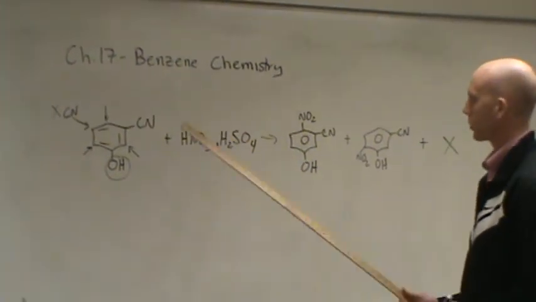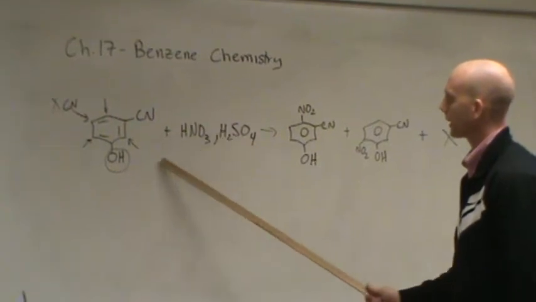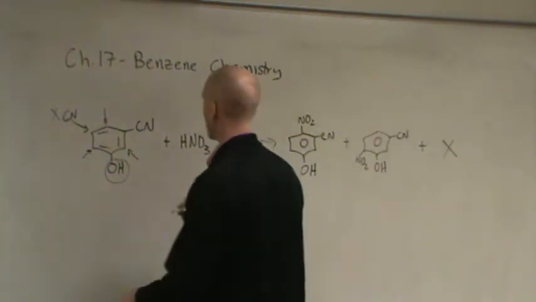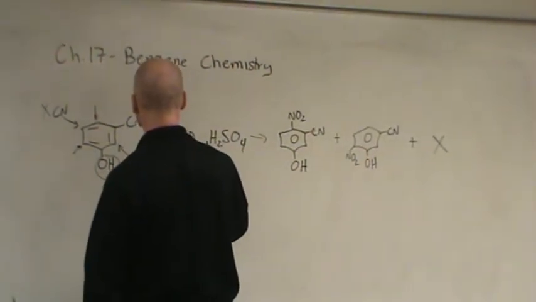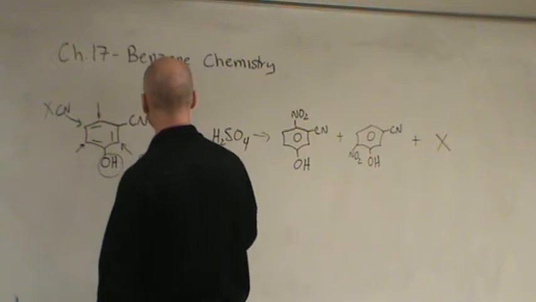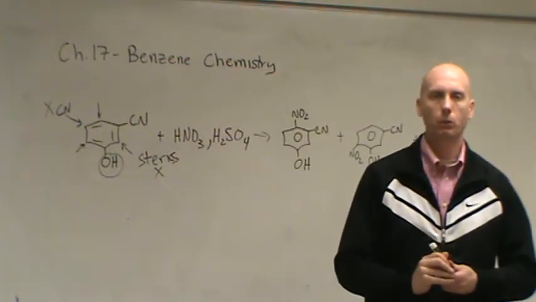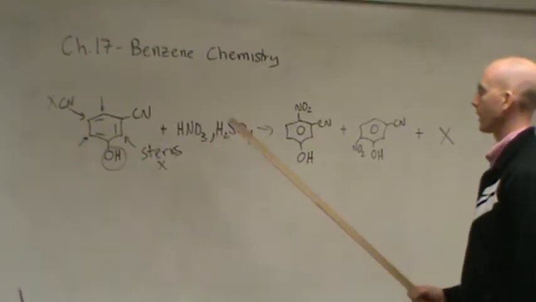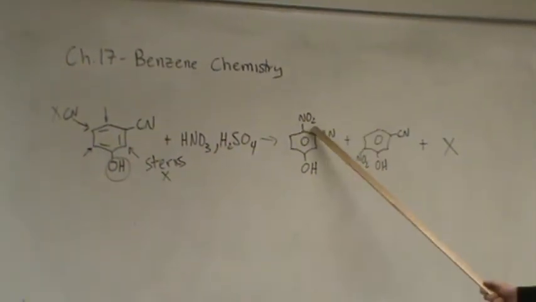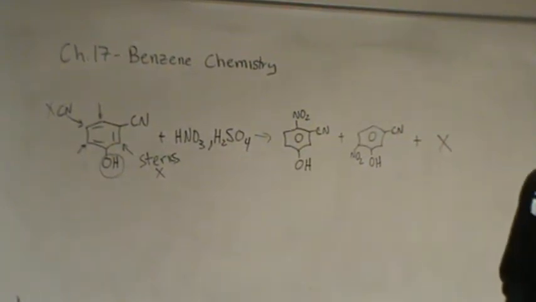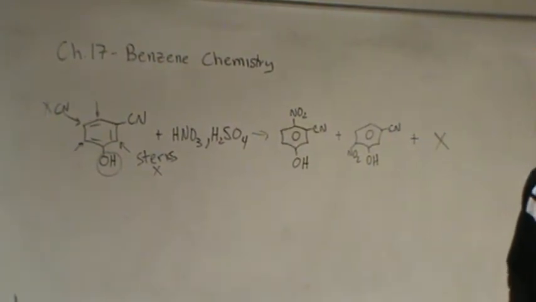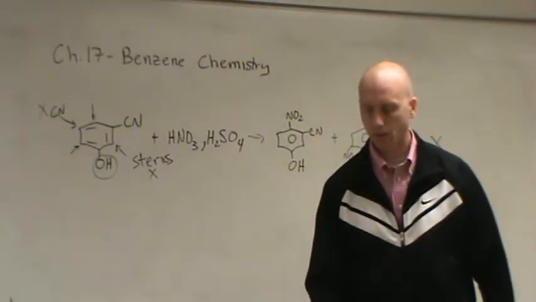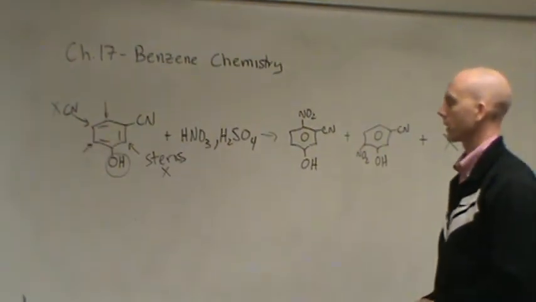When I have to try to choose to put the incoming group between two groups, there's going to be some sterics. And so we'll stay away from that. Okay? So we're going to choose the spots that have the less sterics in them, which would be a mixture of these two products. Okay? So that's how we handle things with more than one group on the benzene ring.